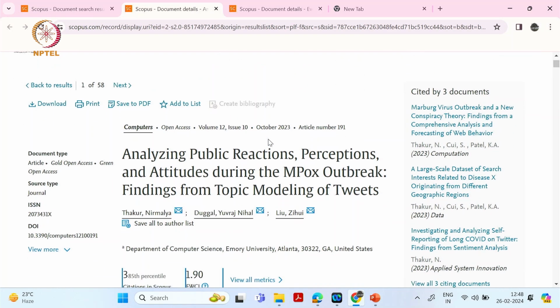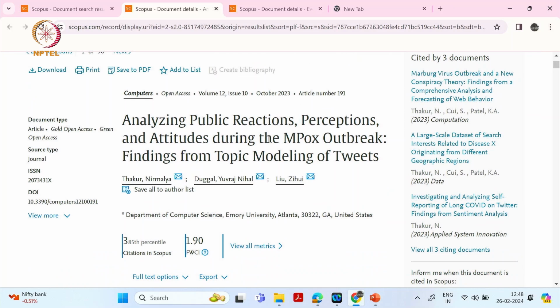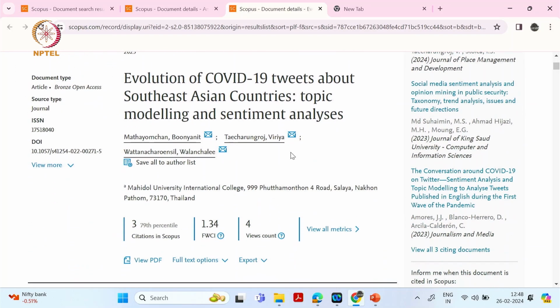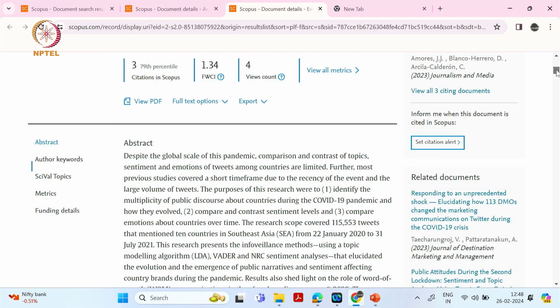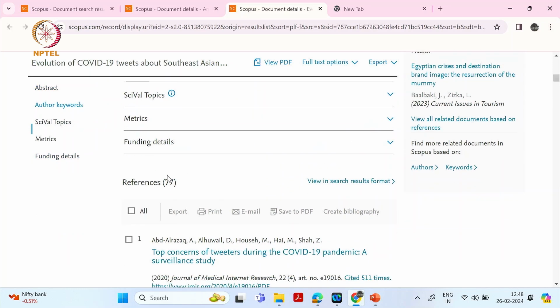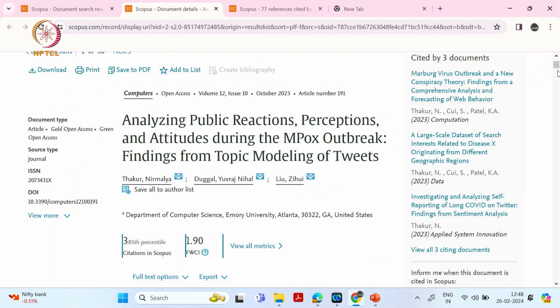This is one publication where we are doing the analysis of journal co-citation, and this is another paper for our journal co-citation analysis. So for doing the analysis of journal co-citation, what we have to do is see these references. I'll just see in the result format, and similar to here also.